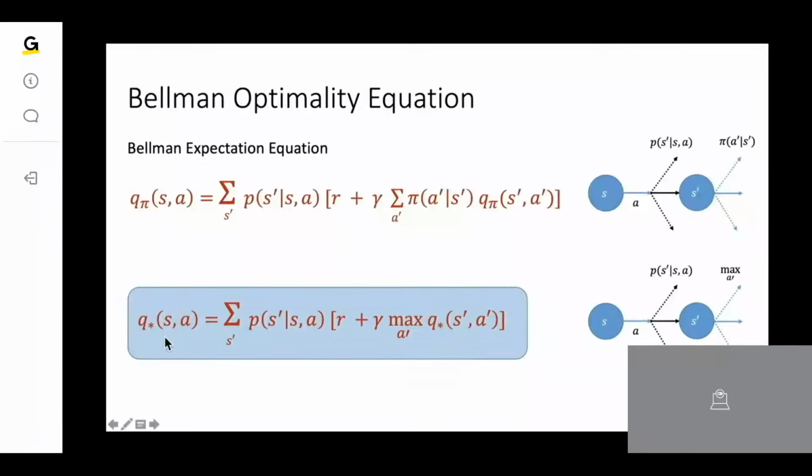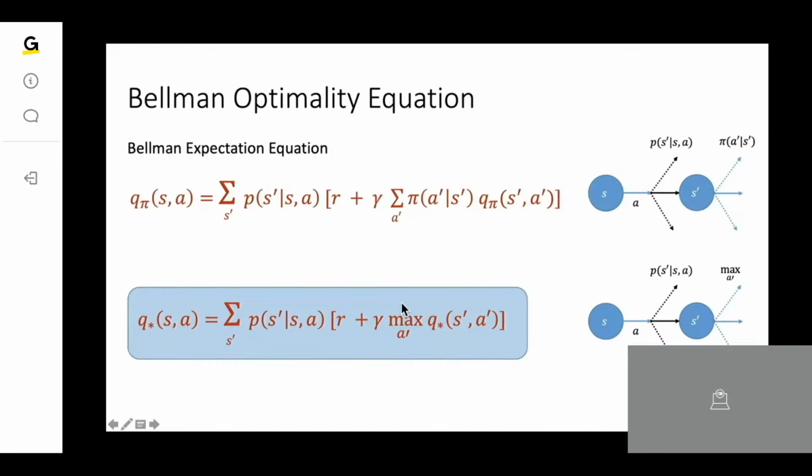There is a small but important change we make when we try to compute the optimal action value function. We replace the part of the equation where we average over all possible actions, and instead only look at the action that gives us the maximum Q value from the subsequent state. So between these two equations, the only difference is this part, which is now replaced with a maximum over A prime of all the subsequent Q values for the state S prime.